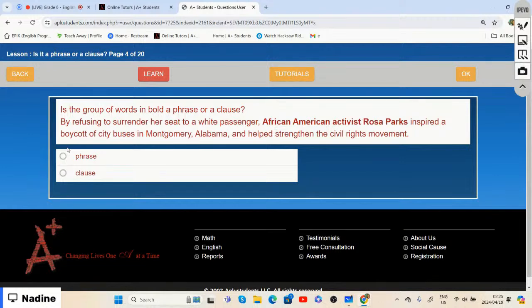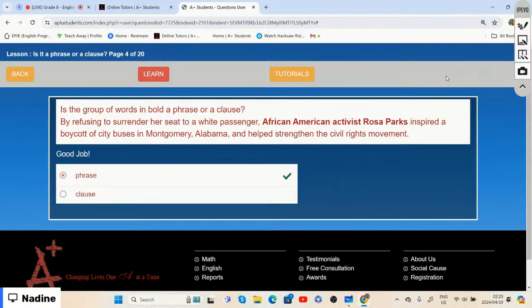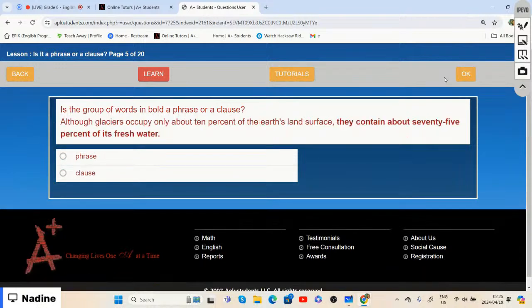So, African American activist Rosa Parks. All right, and we can say that that is a phrase. Although glaciers occupy only about 10% of the Earth's land surface, they contain about 75% of fresh water.